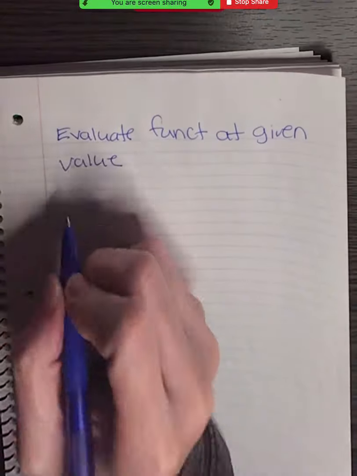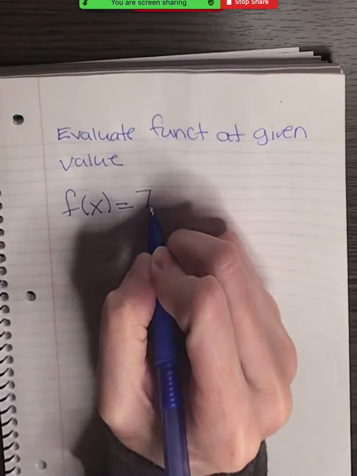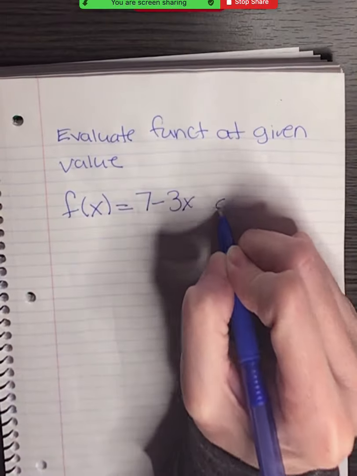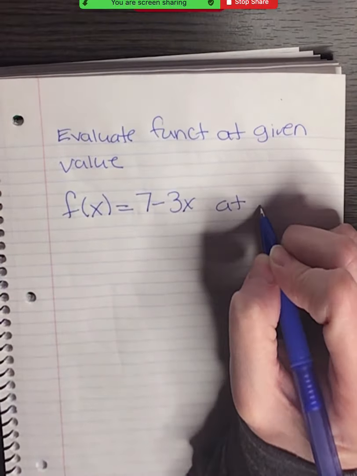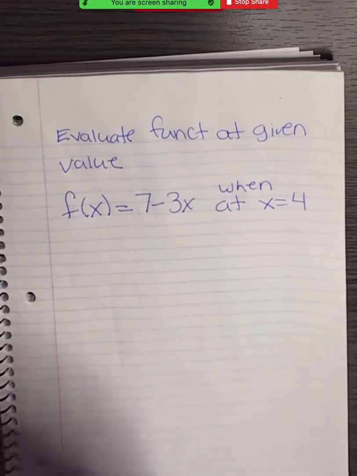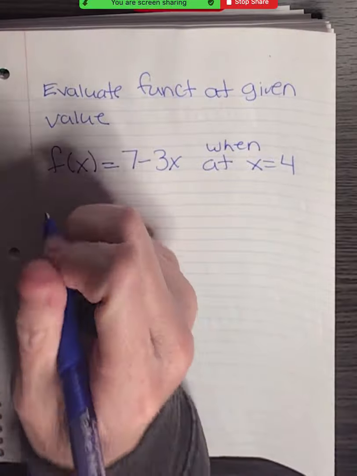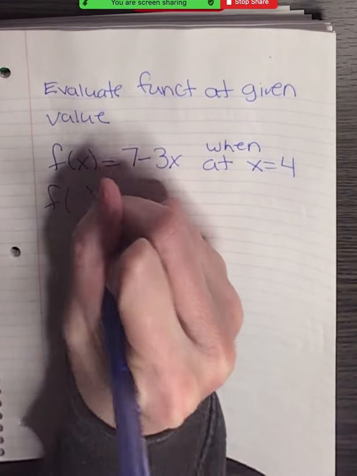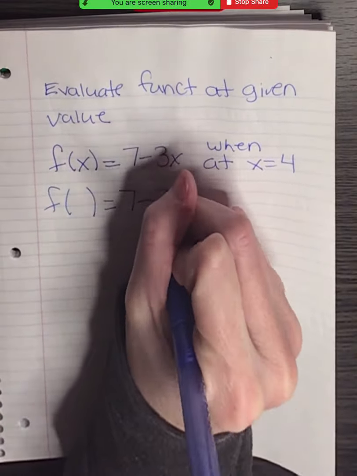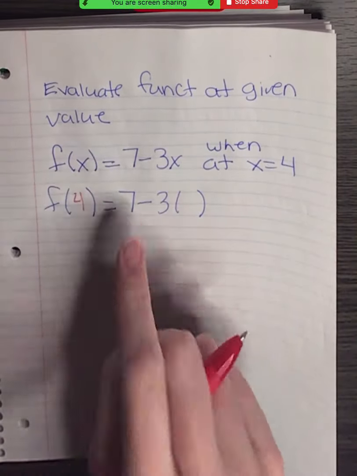It says that the function at x is equal to 7 minus 3x. We want to evaluate it when x equals 4. So anywhere you see an x, you replace it with 4. So f of 4 equals 7 minus 3 times 4.